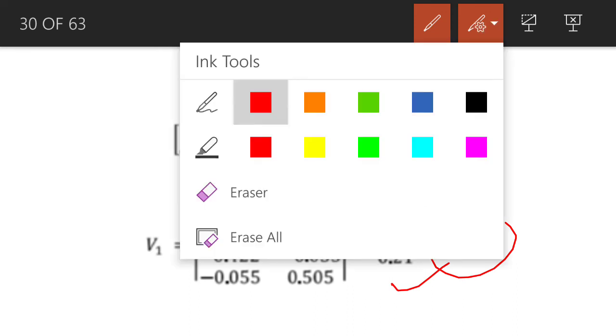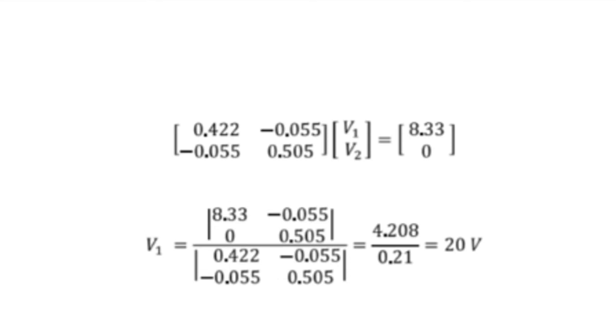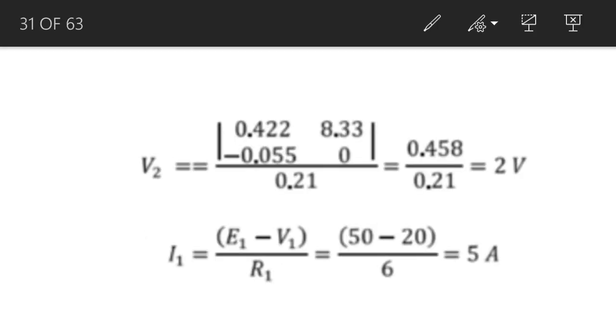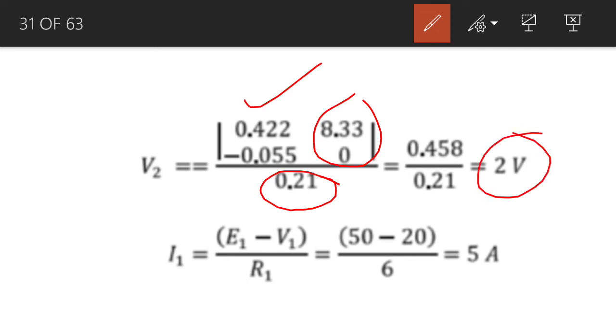Let us find out V2. For V2, we replace the second column of the G matrix by Ig1 and Ig2. The first column remains unchanged. We divide this determinant by the determinant of the G matrix, which is 0.21. So V2 turns out to be 2 volts.